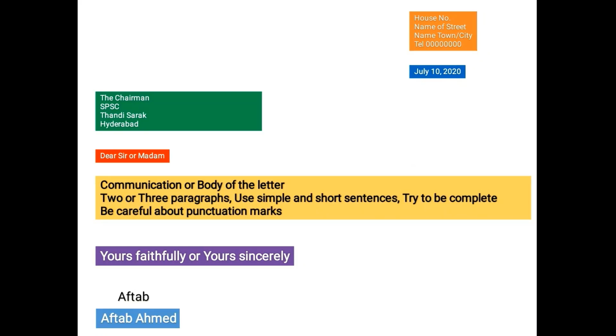You can see on the last corner of this screen, there I have given an example. Below the subscription, you can see the name is written, and just above the name there is a signature. So this is actually the format of writing an official letter.